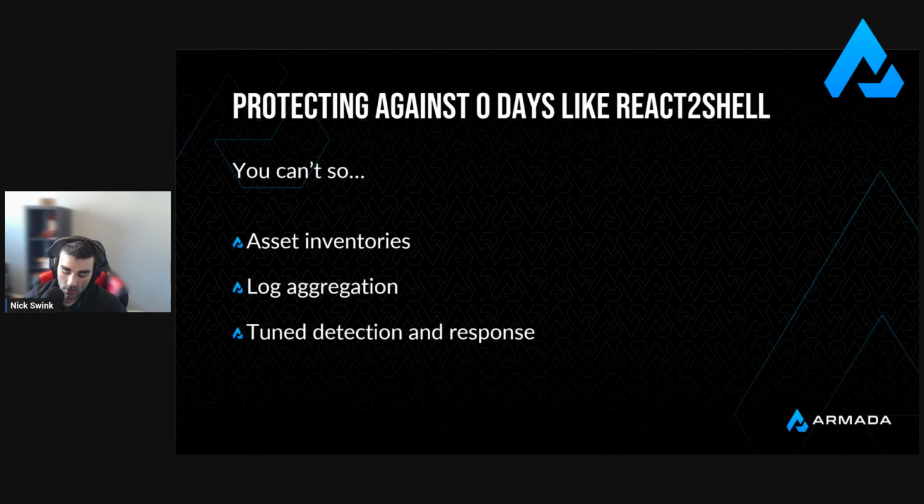Having really good detection and response in place, and yes, on Linux hosts. If a host gets popped with a remote code execution, being able to detect that post-exploitation activity in one of your cloud assets is a great way to defend against a zero day.